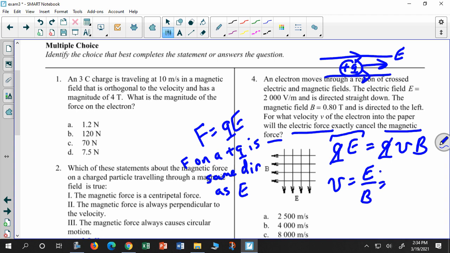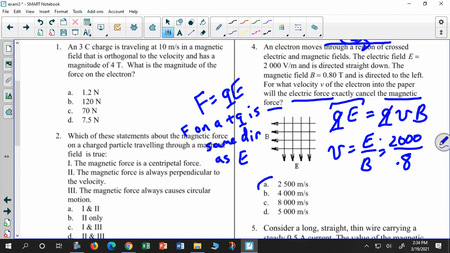E is 2,000 divided by B is 0.8. 2,500, I think is the answer. Yeah, 2,500. Okay? This equation is on your equation sheet, but I think it's from chapter 1 or chapter 2.